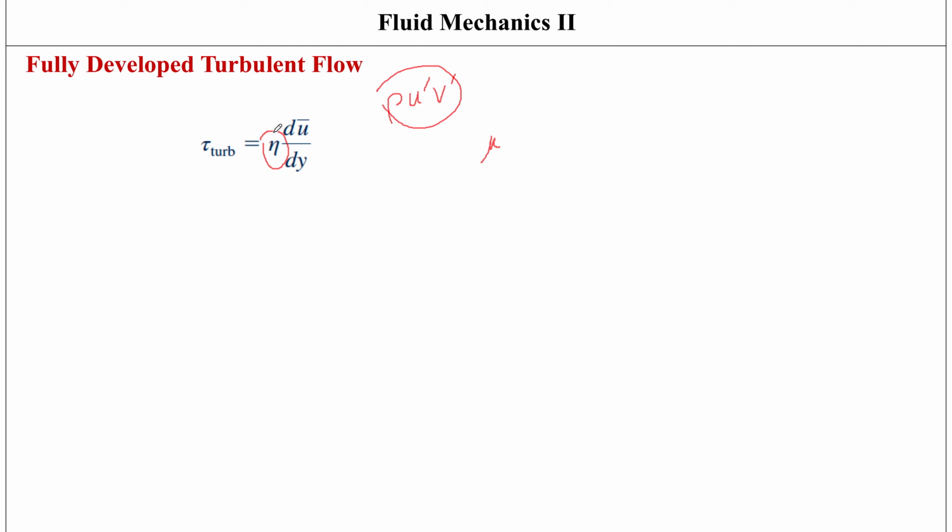But this eddy viscosity, you cannot really go ahead and find it out like that, because the eddy viscosity is a function of the fluid and the flow conditions. So what that means is that the value of this eddy viscosity changes from one turbulent flow condition to another.